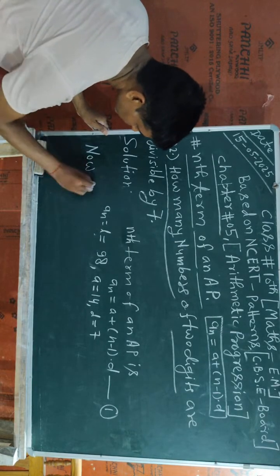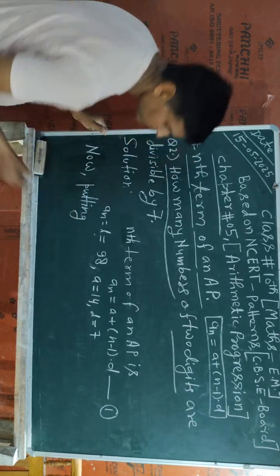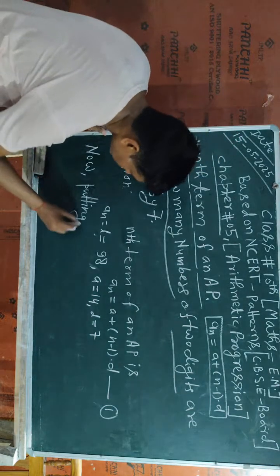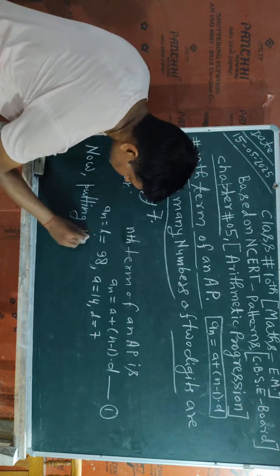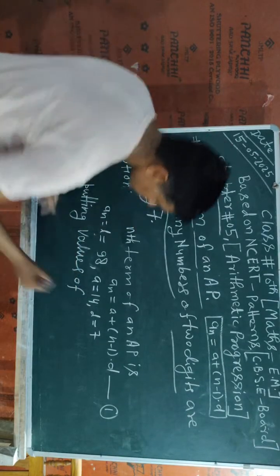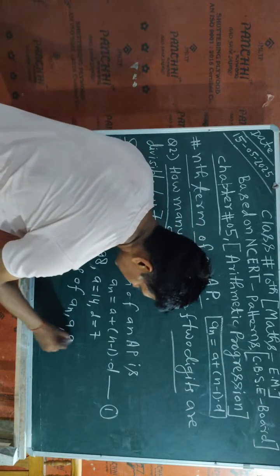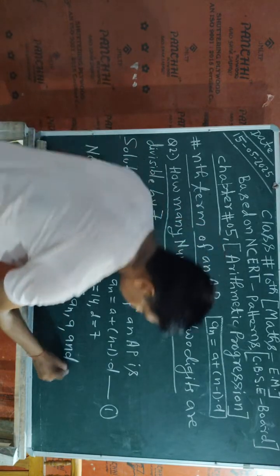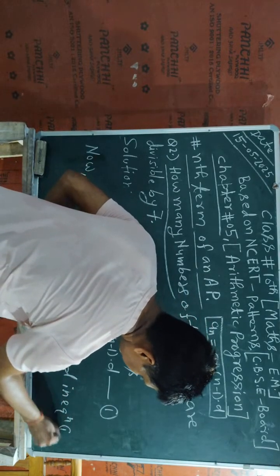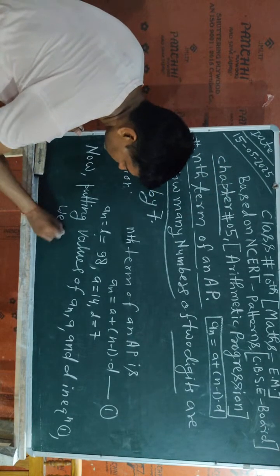On putting the values, because here three values are available, putting values of a_n, a and d in equation number 1, then we get.